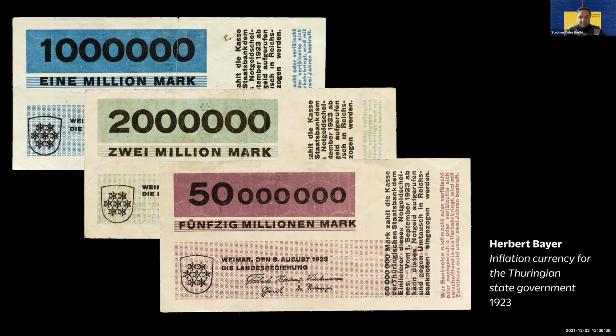And these astronomical denominations are reflecting the hyperinflation crisis that was going on in Germany after World War I. These were designed nearly overnight for immediate printing, and basically just relied on the only type that was available at the press. And so it's a really great example of how necessity bred creativity, bred something entirely new.